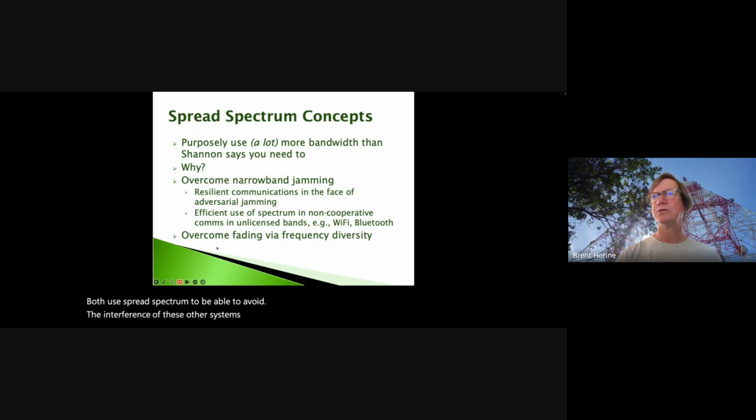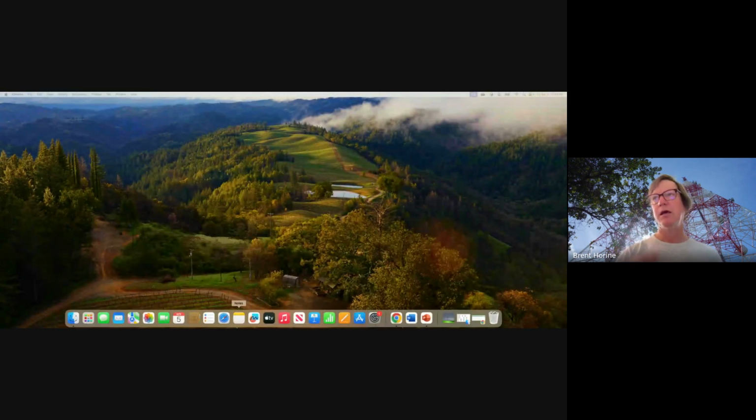And then it also has some impact in fading, where signals that take two different paths to get from the transmitter to the receiver have different path lengths, and therefore different phases, and can cancel out if they have opposite phase at the receiver. And so by using broader bandwidth, we can overcome that, because those cancellations are usually only over a very narrow bandwidth. So that's just a preview, to get you thinking.